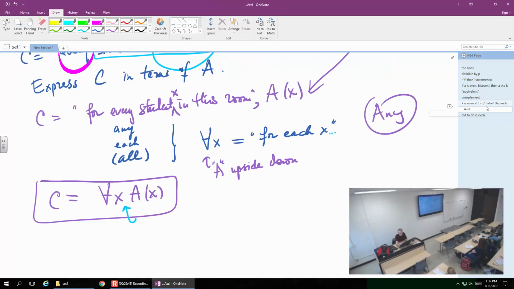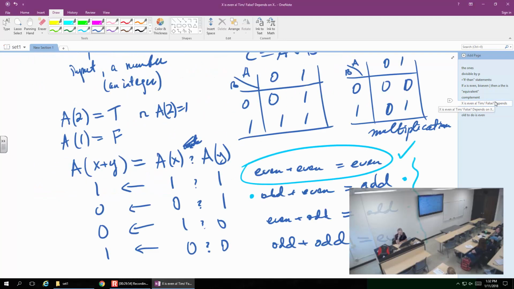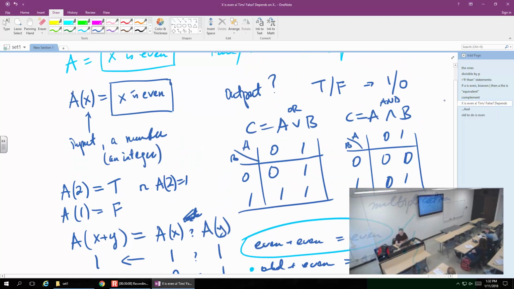And in the meantime, what I'm going to do is I wanted to take these 4 statements over here and put them in the form of logical statements. So we have only one statement, A of x, which is right here.